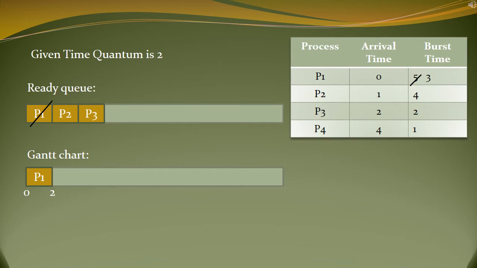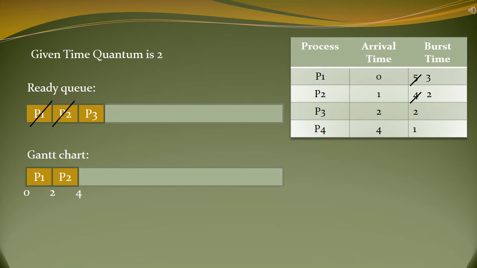At the time 2 milliseconds, now we have to check which processes are ready to be executed through their arrival time. Here we can see that the processes P2 and P3 are ready for that. So the processes P2 and P3 are placed in the ready queue.